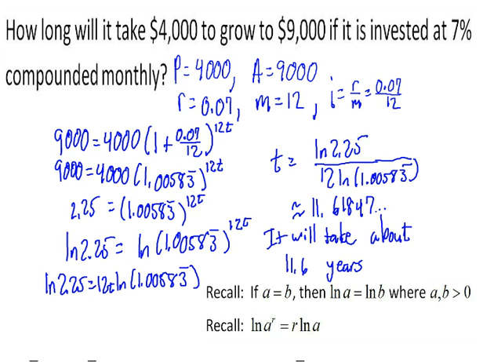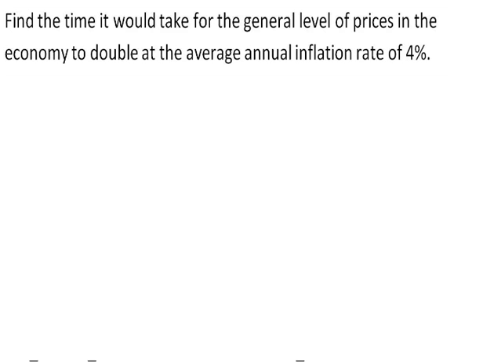Now for the last example, let's find the time it would take for the general level of prices in the economy to double at the average annual inflation rate of 4%. In this case, we don't seem to have an initial amount, but you'll see that it won't matter what the initial amount is. One thing we do know is that R, the annual interest rate, is 0.04, our inflation rate in this case, and M is 1 because we're told that this is the annual inflation rate.